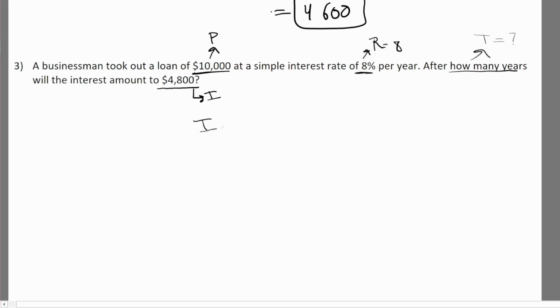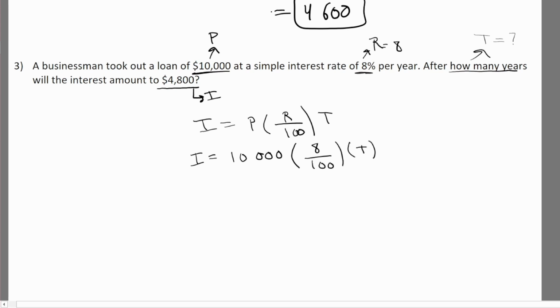So I is equal to P multiplied by R over 100 multiplied by T. And interest is equal to, so P is 10,000 and R is 8 over 100 multiplied by T. Okay. So I'm sorry, I forgot the interest.